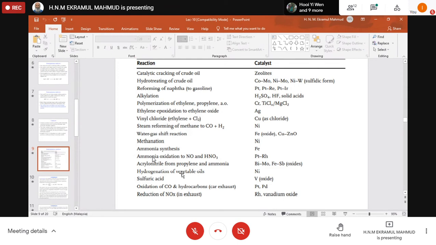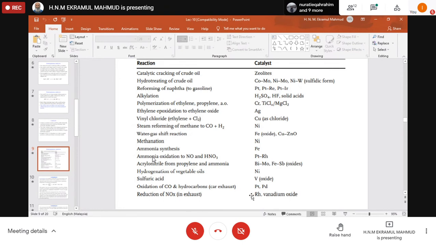To add this hydrogen, we need a catalyst. Usually nickel performs well to absorb hydrogen and later release it. Previously we have shown the mechanism, right? For sulfuric acid production we use vanadium pentoxide. Just now we have seen that. Oxidation of carbon monoxide and hydrocarbons uses platinum and palladium, and the reaction of NOx also uses platinum.